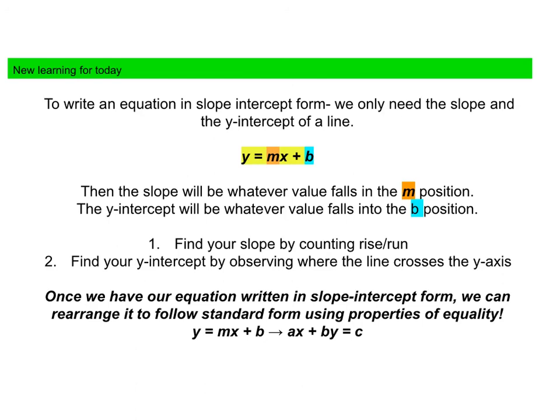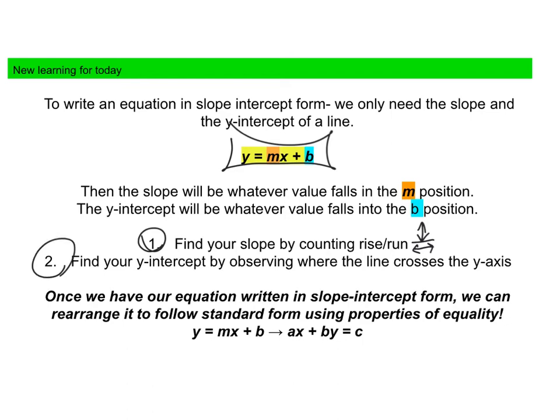Okay, so our new learning for today is that to write an equation in slope-intercept form, we need the slope and the y-intercept. This is what we've been practicing for the last couple days, is identifying those things and writing it in slope-intercept form. We find our slope by counting our rise over run, and we find our y-intercept by observing where our line crosses the y-axis.